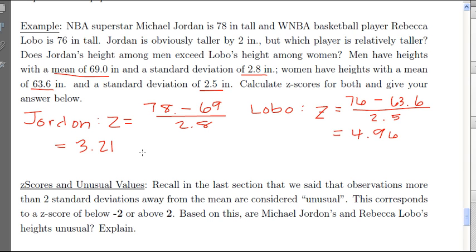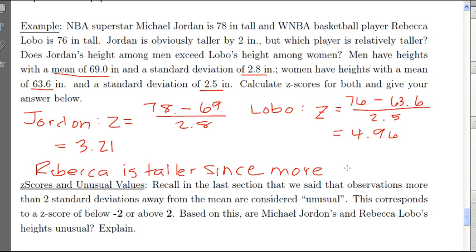If we're going to compare the two, Rebecca would be taller, since her height is more standard deviations above the mean. Let's just write SD above the mean.